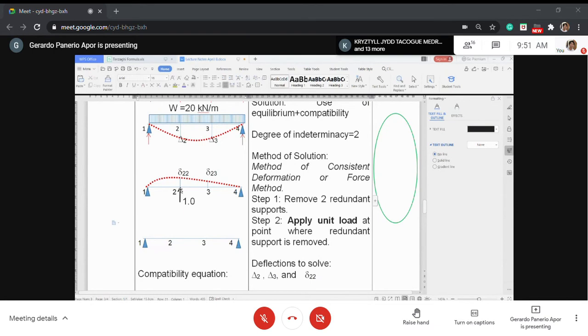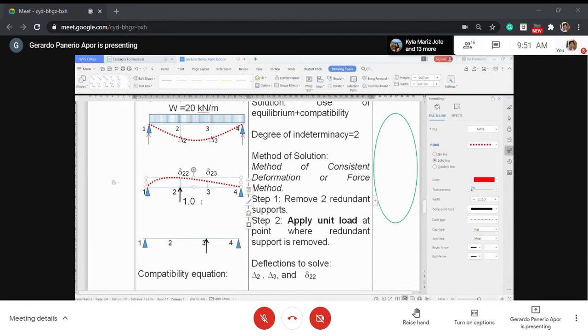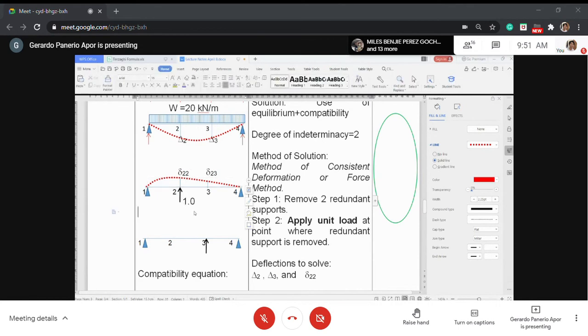So here you are going to apply a unit load. This time is at 23. Okay, 23. Wherever you apply it, you can take it and copy that.